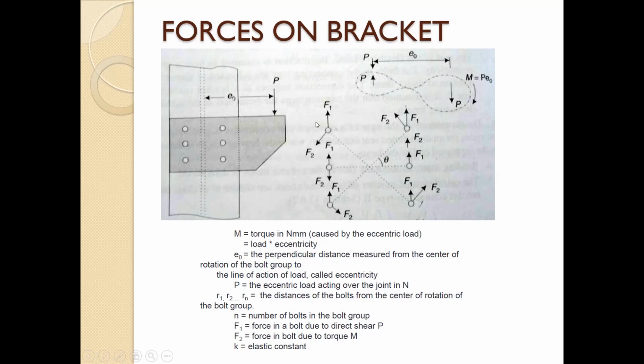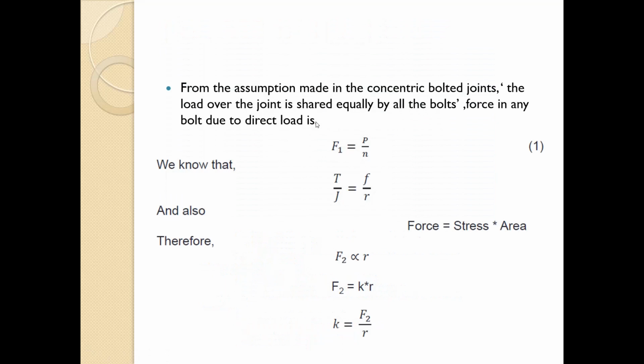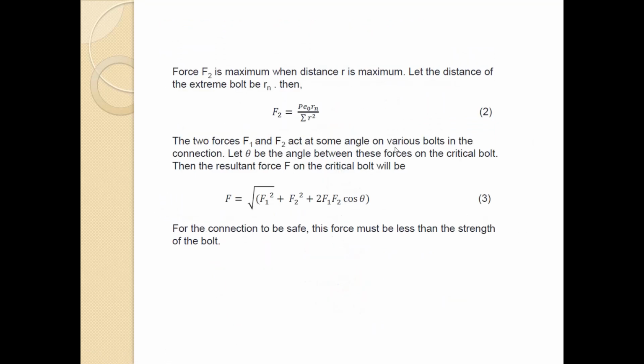Let theta be the angle between these two forces on the critical bolt, then the resultant force F on the critical bolt will be F equals under root, I am unable to write the whole expression because of the limitations of PowerPoint. So under root F1 square plus F2 square plus 2 F1 F2 cos theta. So this is the resultant on that particular extreme bolt.